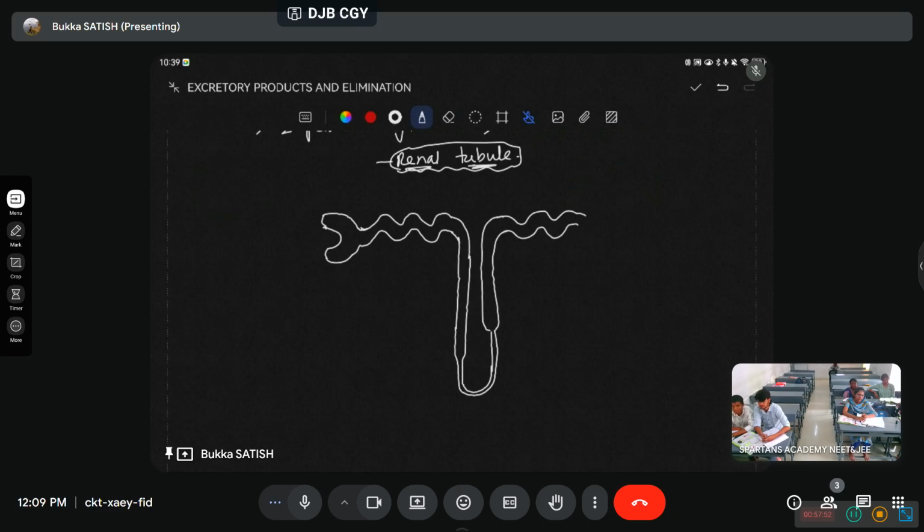Again, there is one more convoluted tubule, which will open into one duct.